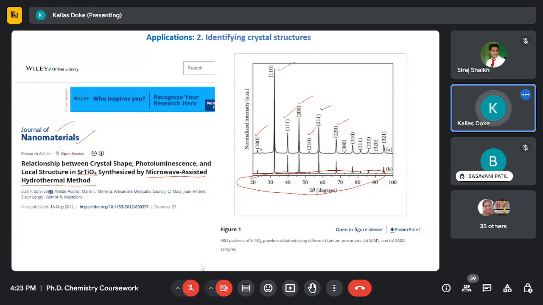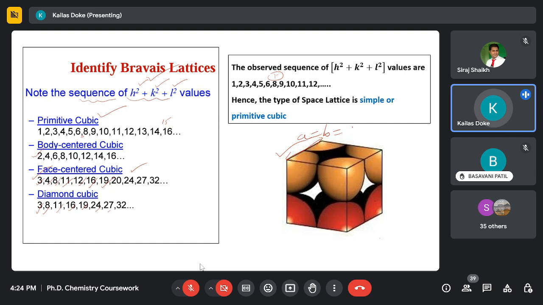Now, after getting this type of lattice, it is a simple cubic lattice or primitive cubic lattice. We can find out before publishing, if it is cubic, then a should be equal to b should be equal to c. Means we should find out the value of a or b or c, which we call the lattice constant.